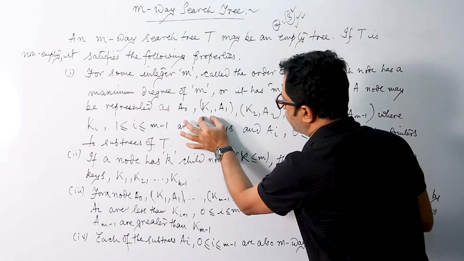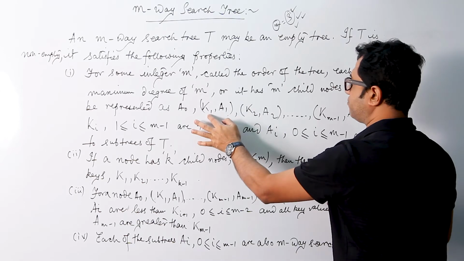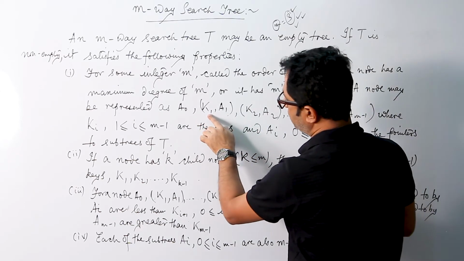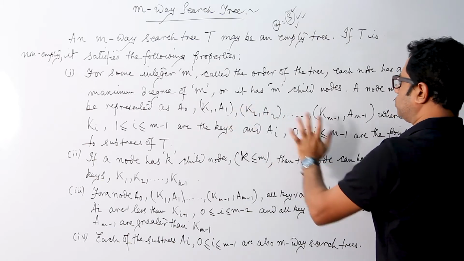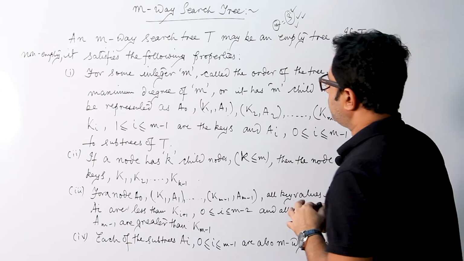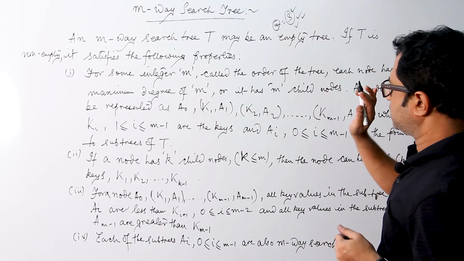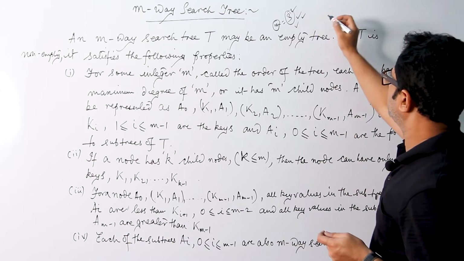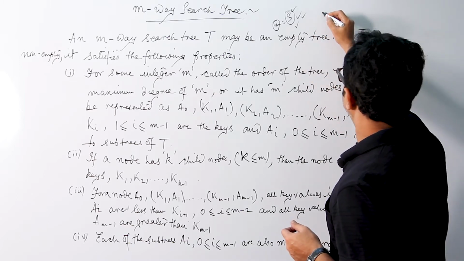And K1, K2, ..., Km-1 means we are getting m-1 key values, or keys, which are the values on each of the nodes of the MWay search tree. If I simplify a little bit with the help of a pictorial representation, it can look like this.